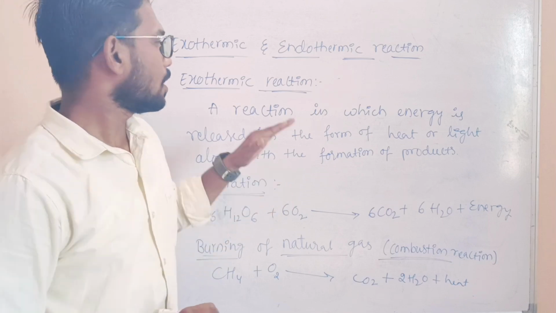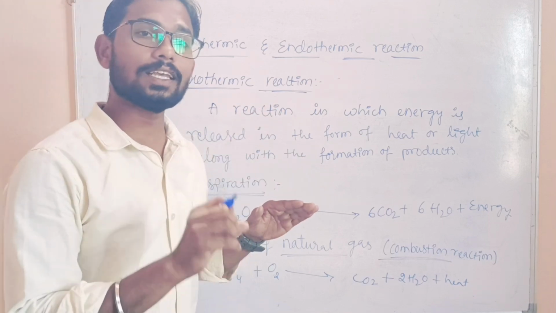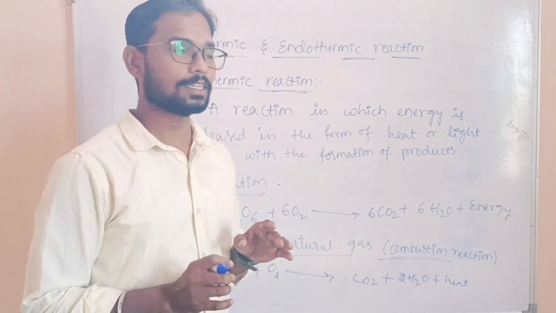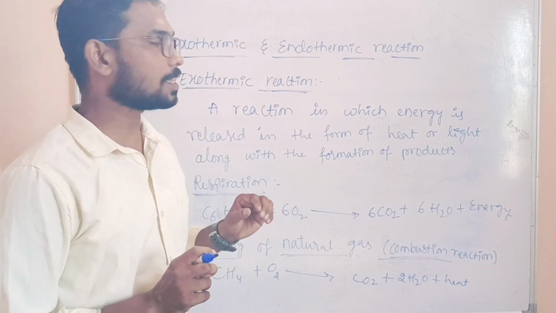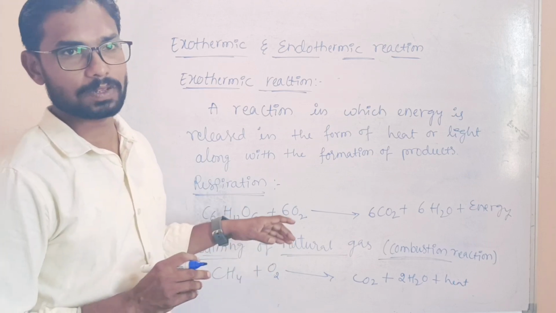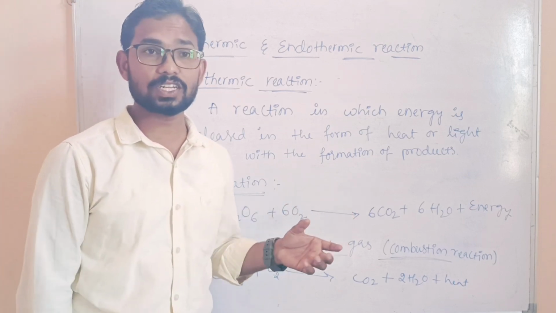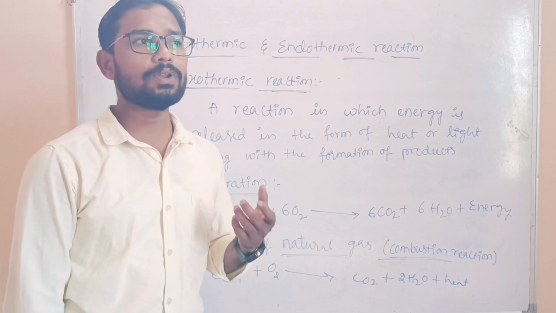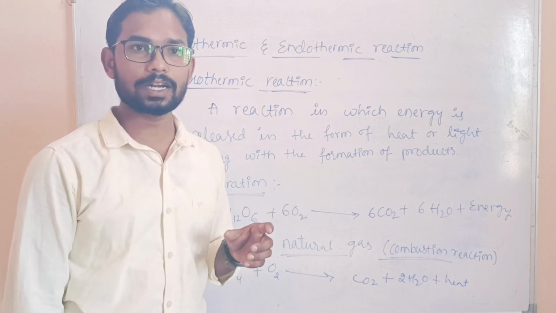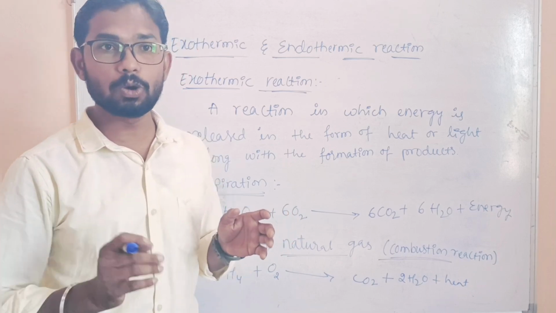Exothermic means what? Energy is releasing. The energy is releasing in the form of heat or light. So that we are going to say that it has exothermic reaction. For example, I have given the respiration here. Why we are taking respiration as exothermic reaction? Because during the digestion, the food like rice, potatoes that contains the carbohydrates that will be converted into glucose.